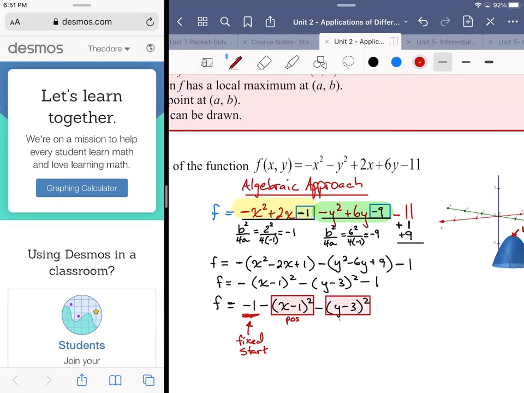So if I subtract two positives, regardless of what I put in for x and y, I'm always going to be reducing the value of -1. All right. So there's no way I can actually get a number that's larger than -1. So no way to get a value larger than -1.